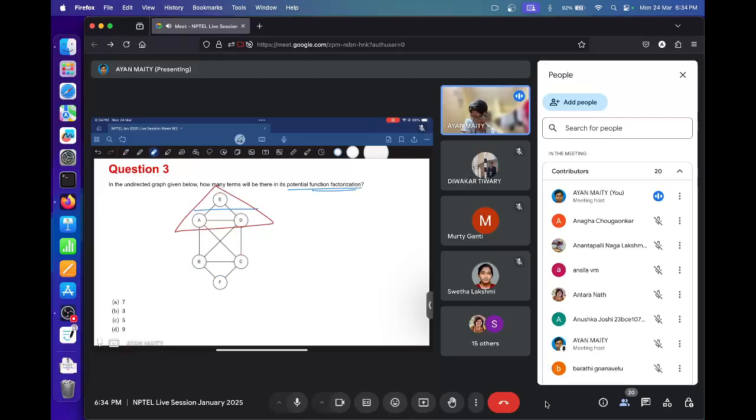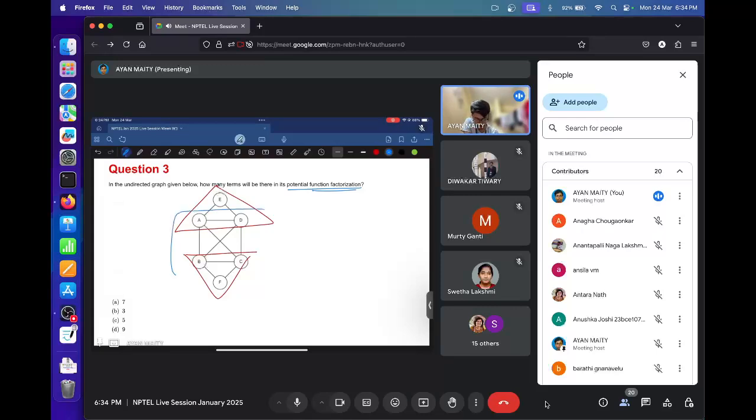The other max clique would be this one, BFC. This is again a max clique because you cannot add any other node to this clique to make it a larger clique.